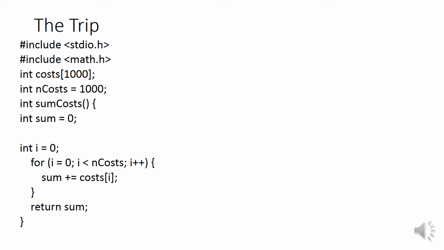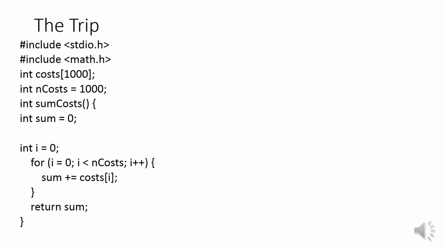In our problem definition, there are not more than 1000 students as input. Then next, integer n cost. Here n cost refers to the number of students. Then sum cost, where we get the sum for 3 students, or 1000 students for example.